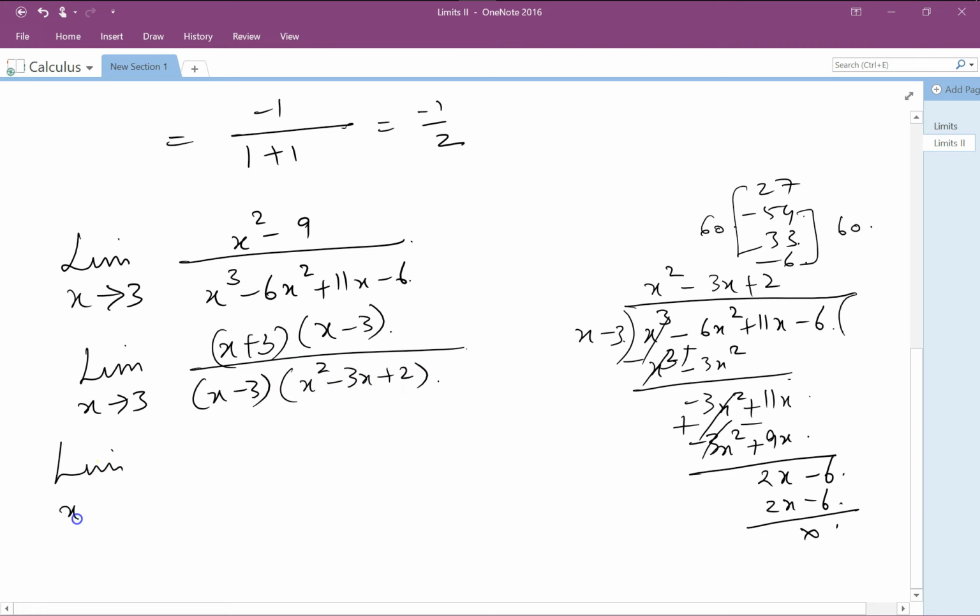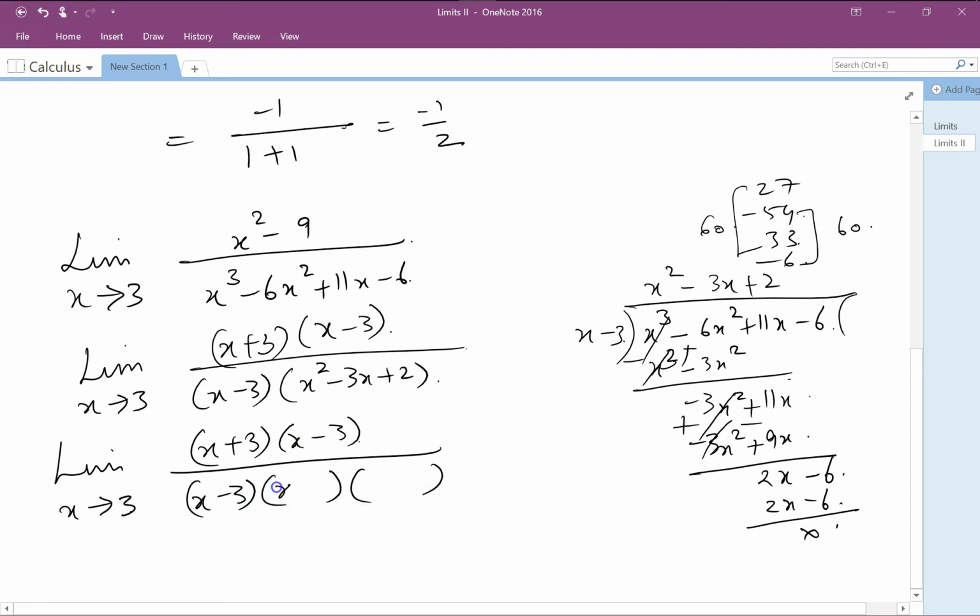So let's write x plus 3, x minus 3, x minus 3 is one factor, and x minus 2, x minus 1. Two ones are 2, so this should be 1. So 2 plus 1 is 3.